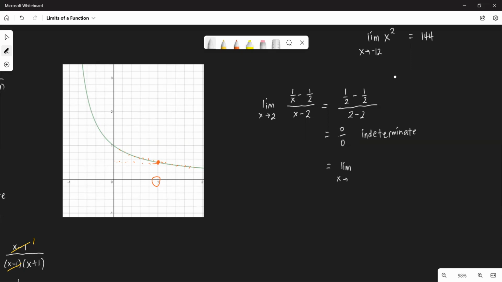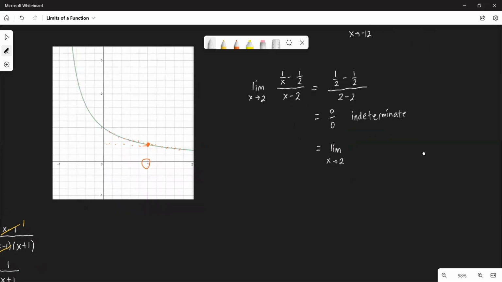Since we are going to transform the function first, you need to write the limit notation. So we have 1 over x minus 1 half. It has something to do with the x minus 2 below. So maybe we can combine the two fractions above in the numerator.